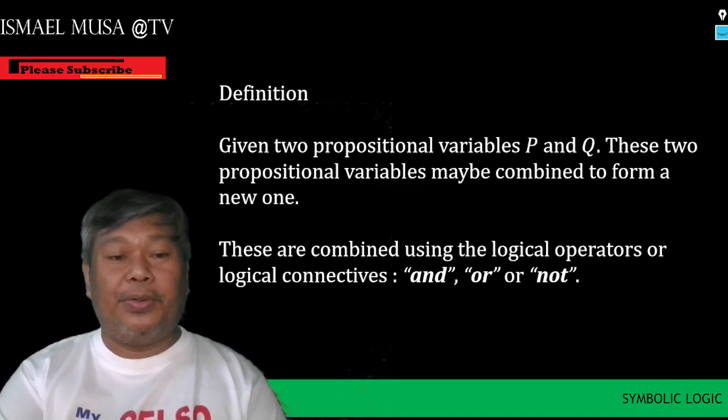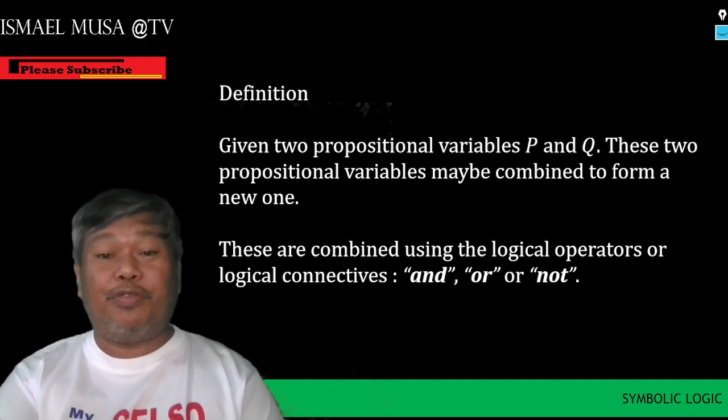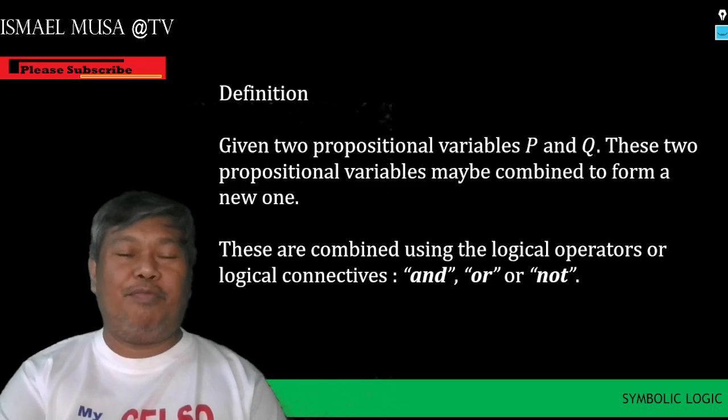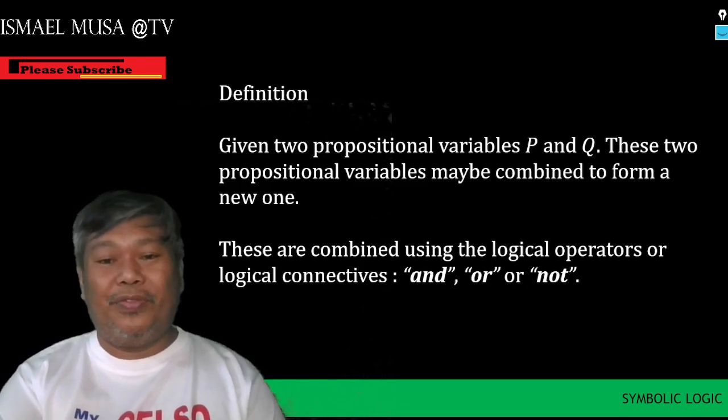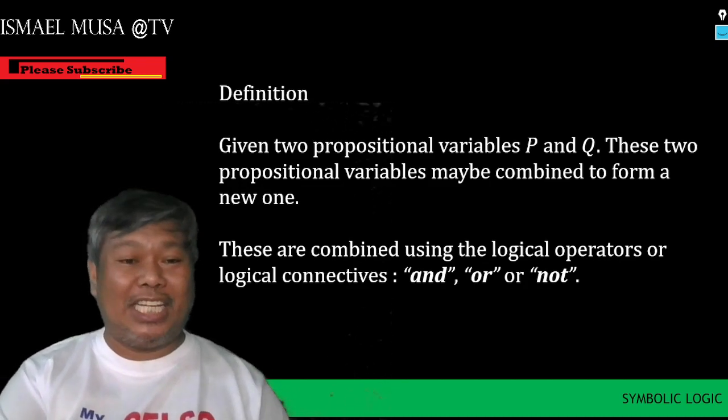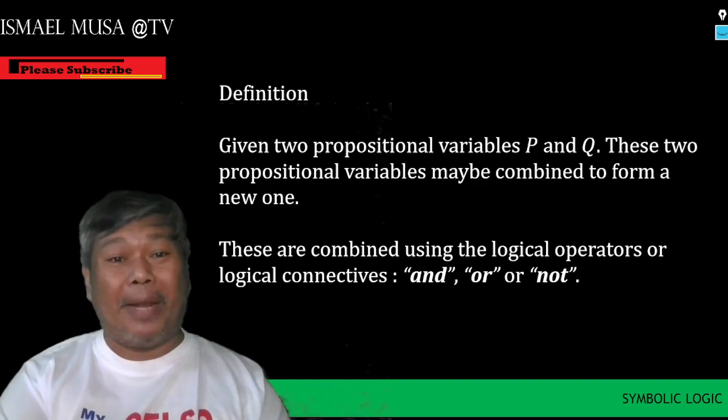Now, the definition is: given two propositional variables P and Q, these two propositional variables may be combined to form a new one. So, if you have a proposition P and another one Q, you can combine them, just like in English you can come up with a complex sentence.